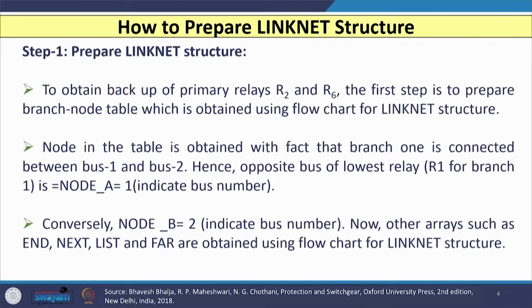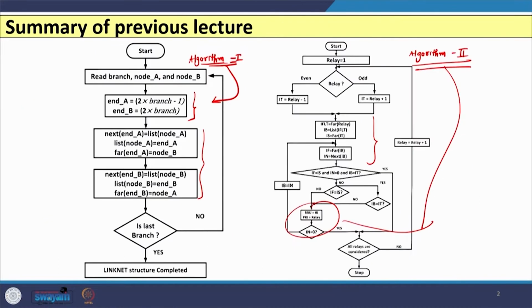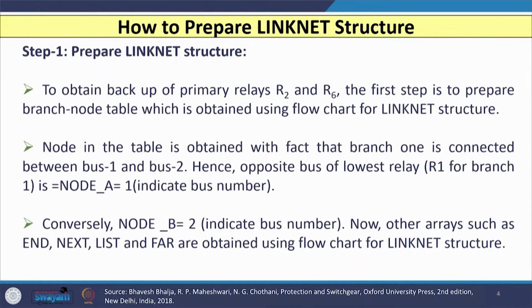When we consider the linked net structure, as I told you, two algorithms are available: one is algorithm 1 and second is algorithm 2. First we have to solve algorithm 1, and for solving algorithm 1 we have to prepare a table which is known as the branch node table.